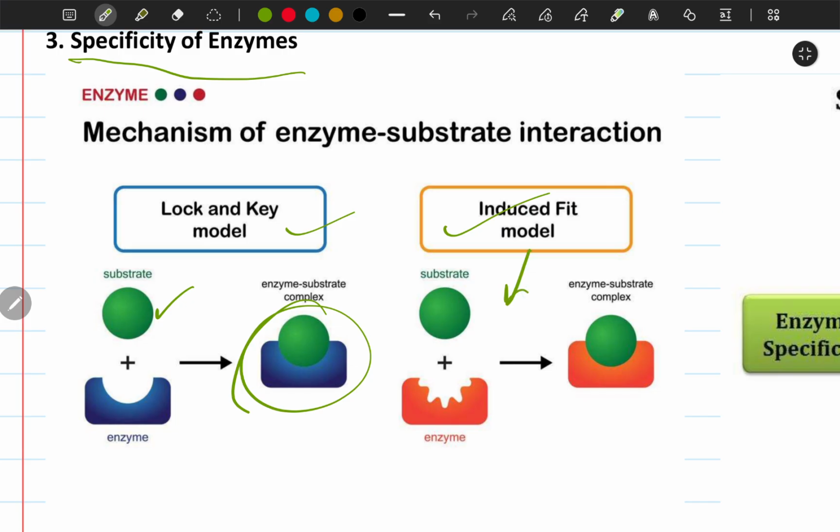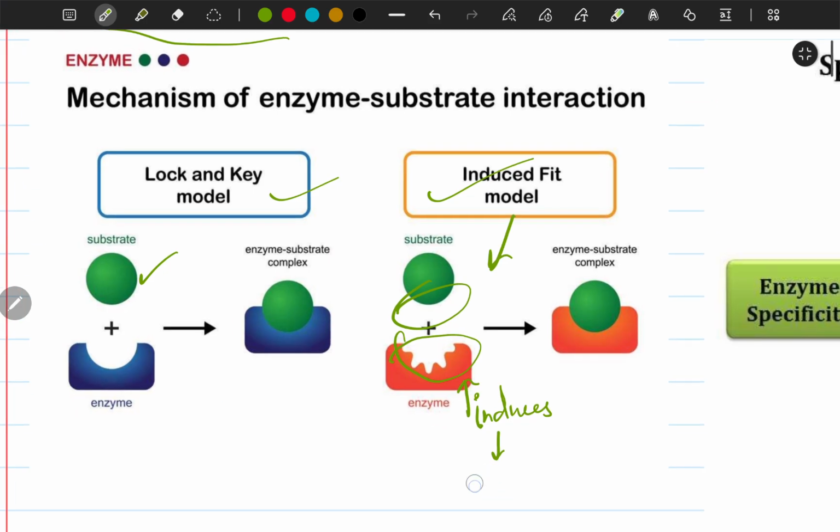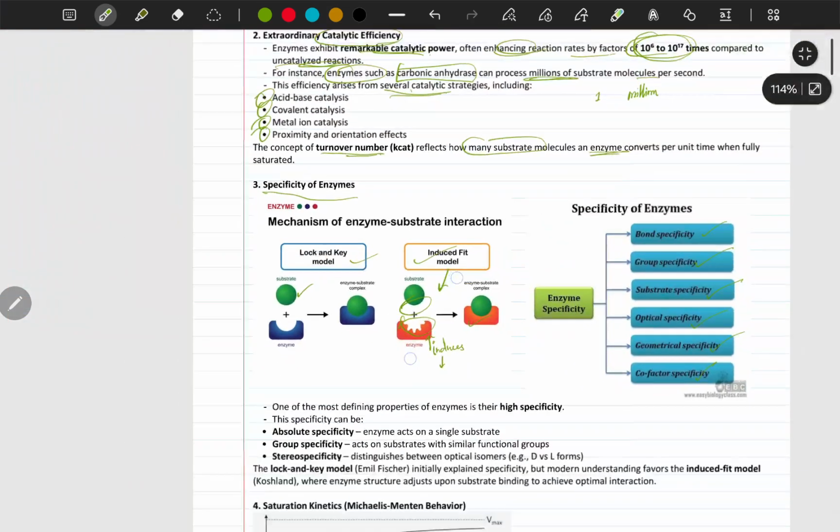But in the induced fit model, the substrate and enzyme are not complementary to each other, but the enzyme induces a change and converts itself to be complementary to the substrate. That's what we are seeing here.